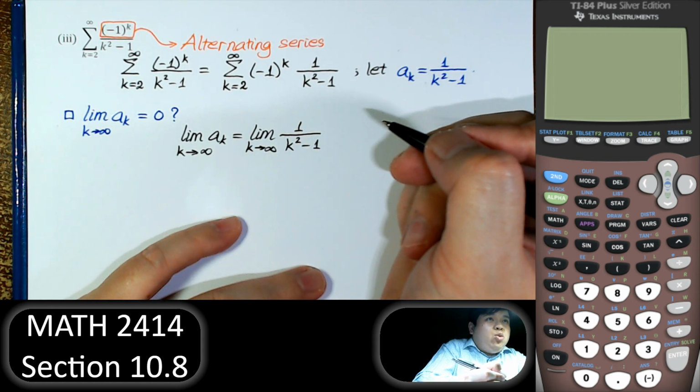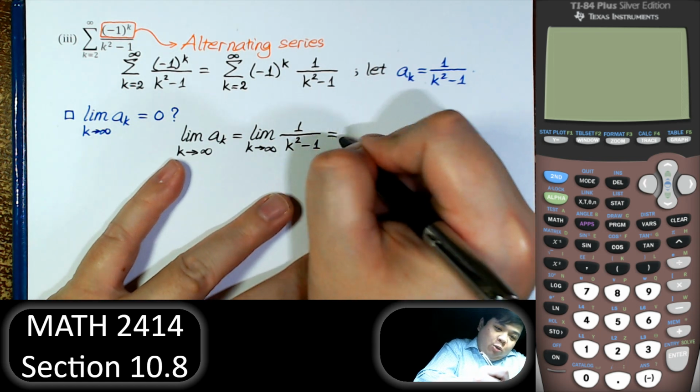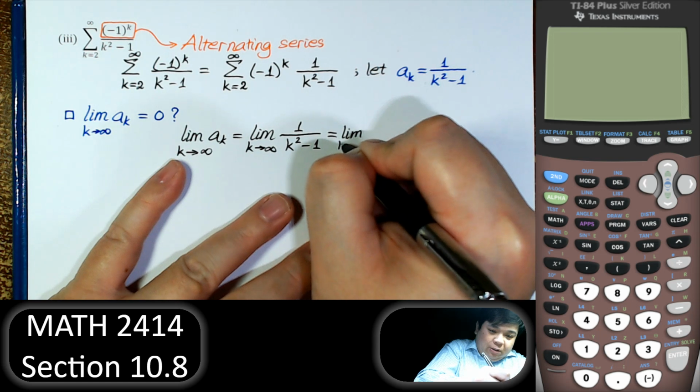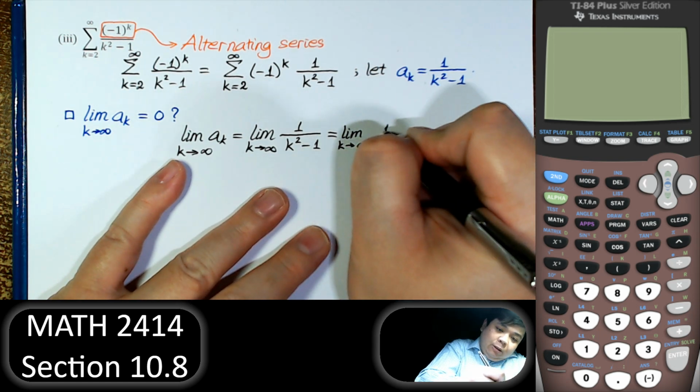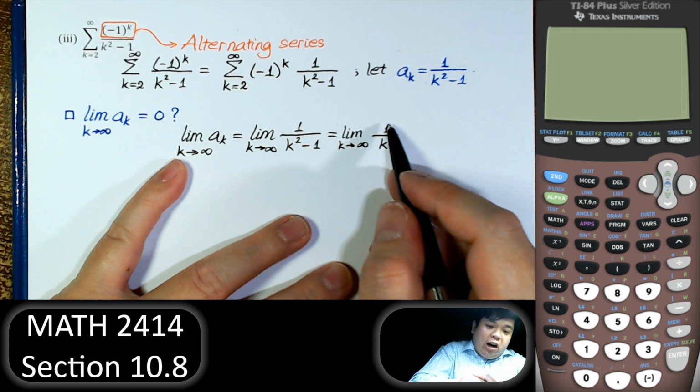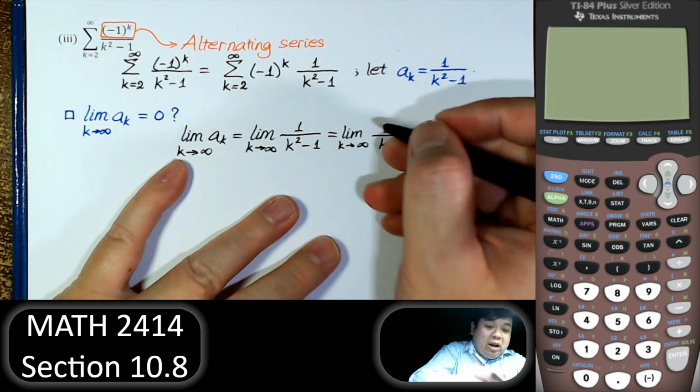Again, the minus 1 here is negligible, so it's just 1 over k squared. So finite over infinity, we did this many times.